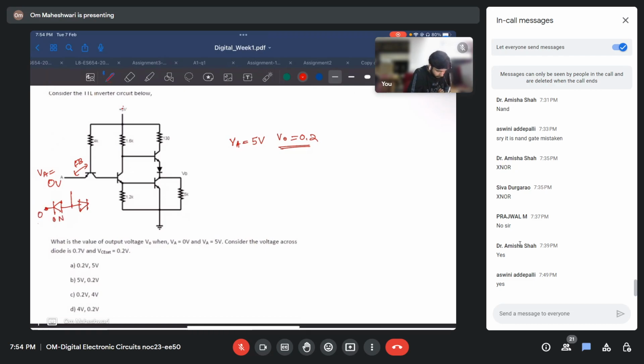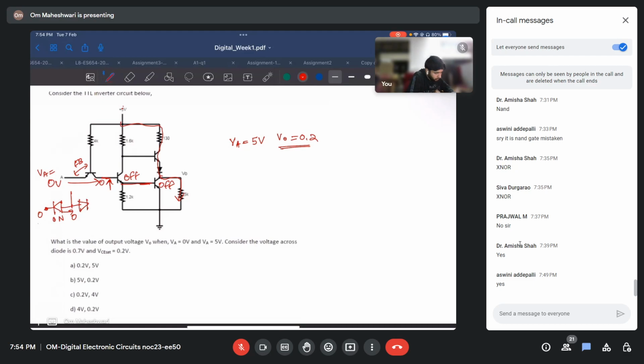So if this is 0, this 0 will reach here. If this is 0 here, then this will be off. And when this is off, this will also be off. There's no path for the current to flow except this, right?